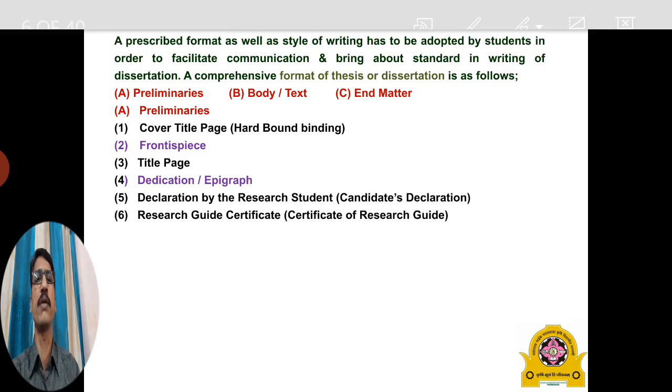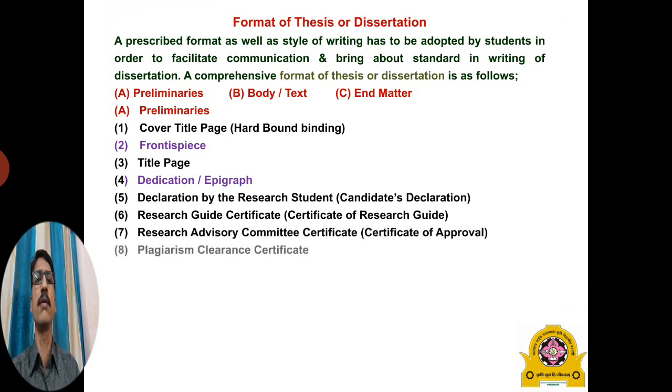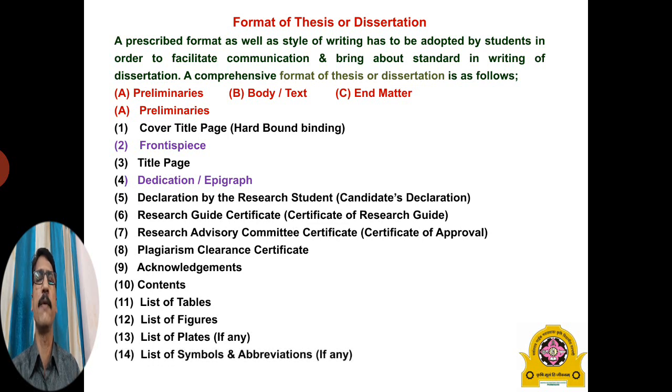Then the research advisory committee certificate, then plagiarism clearance certificate. These are the four certificates included in the thesis. Then acknowledgement, then contents, then list of tables, list of figures, list of plates, list of symbols and abbreviations if used in the thesis.